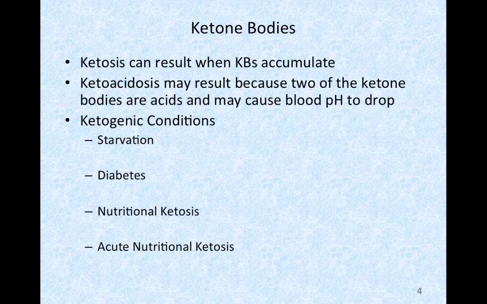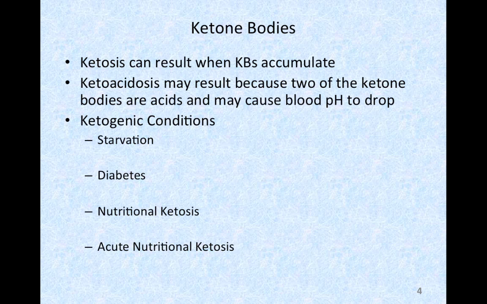So what are some of the conditions that cause ketogenesis? One of the conditions is starvation. Basically, if a person is not consuming adequate amounts of calories, ketogenesis can occur. And one of the reasons is because if a person is in starvation status, they are likely not consuming adequate amounts of carbohydrate.